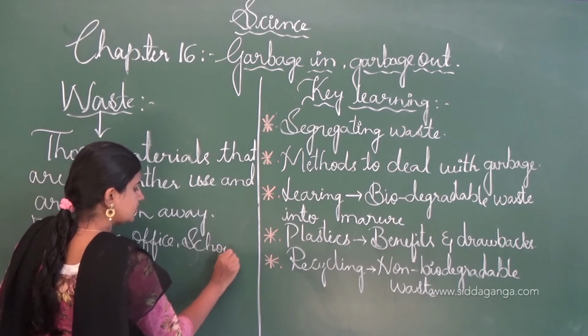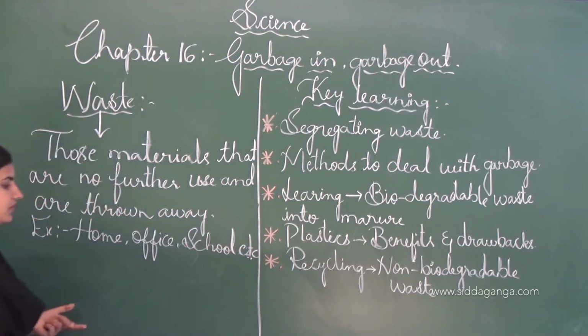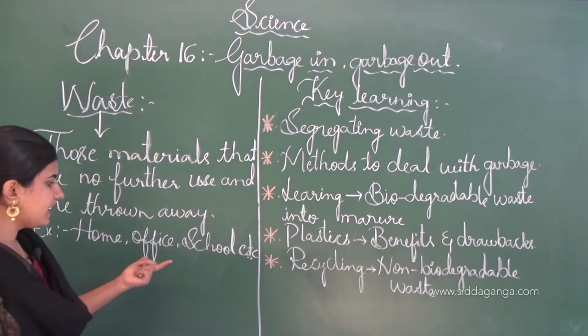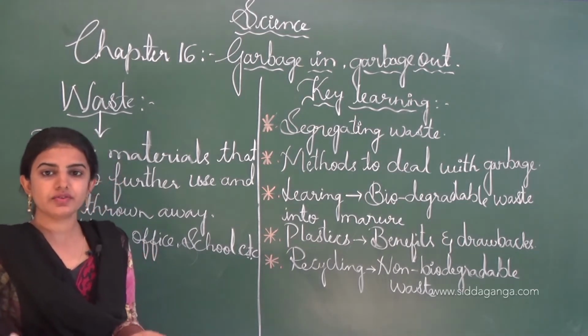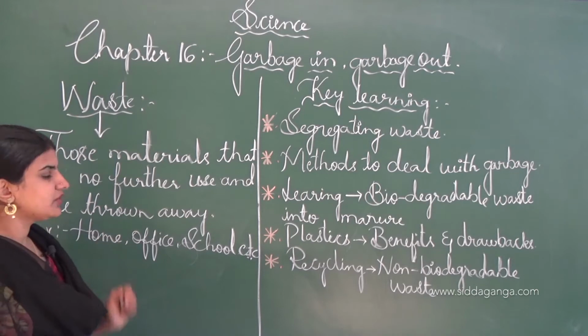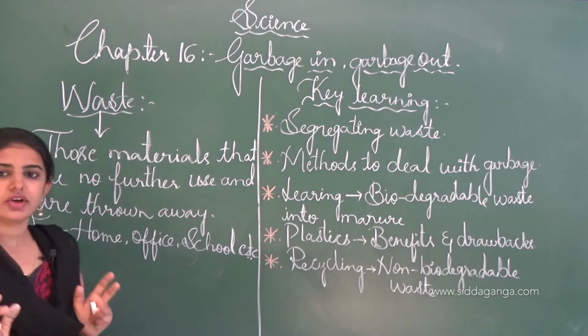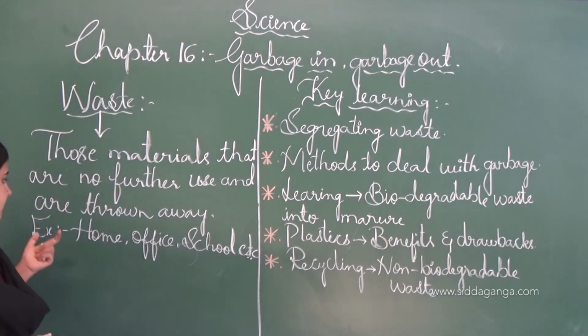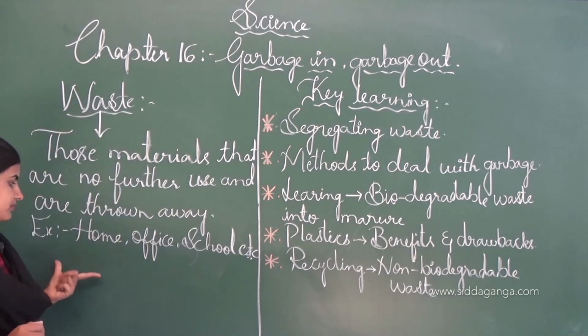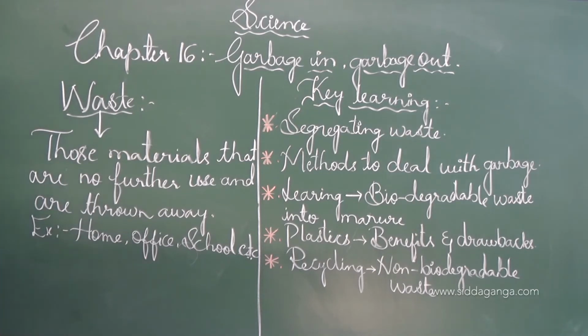The waste which comes from places like home, office and school is nothing but those materials that are of no further use and are thrown away. See, this is all about waste.